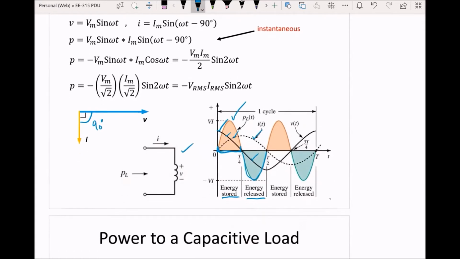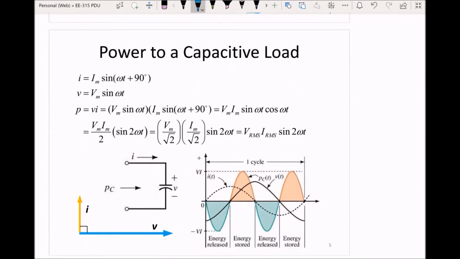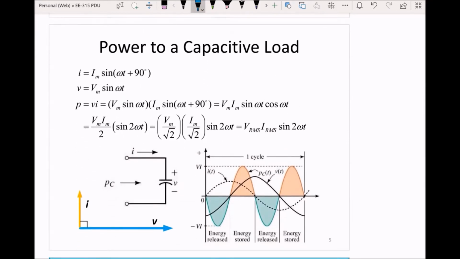Similarly, in the case of a pure capacitive load, the concept is that the current will lead the voltage. You can see here, for a pure capacitive load, it will lead the voltage by 90 degrees. And from the phasor, you can tell if the voltage is the reference, the current will lead.